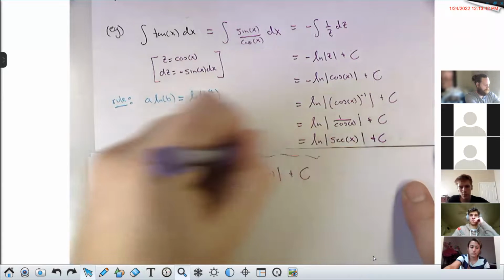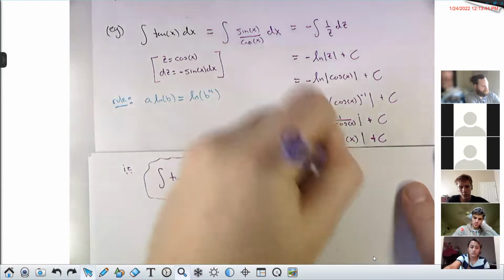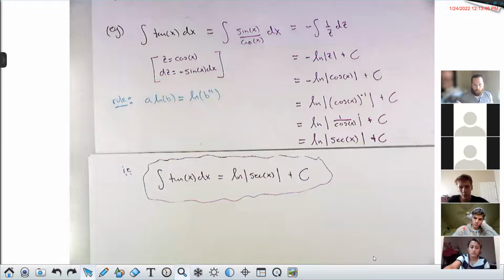Just like you have your power rule memorized, just like you have the integrals of sine and cosine memorized, the integral of e to the x memorized, this goes in the box, right? You remember this forever and ever. Integral of tangent, natural log of secant.